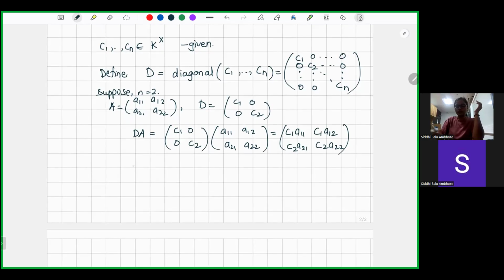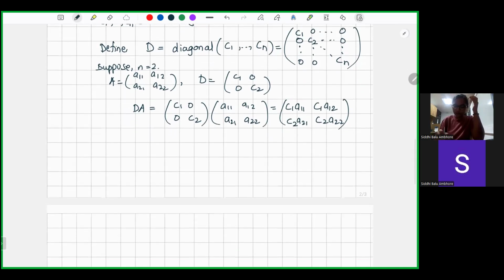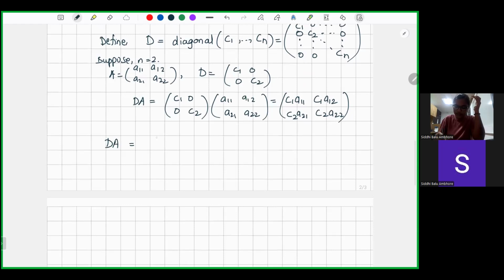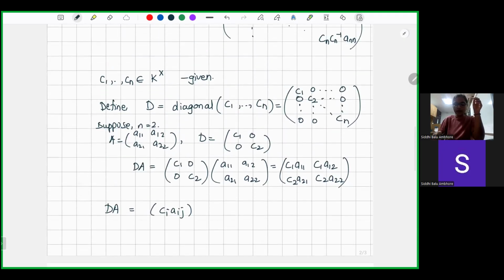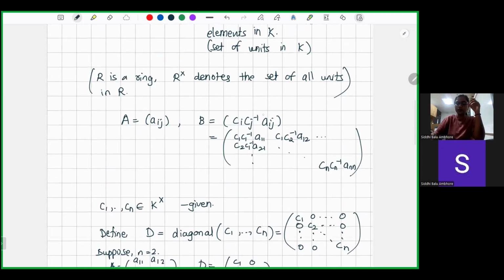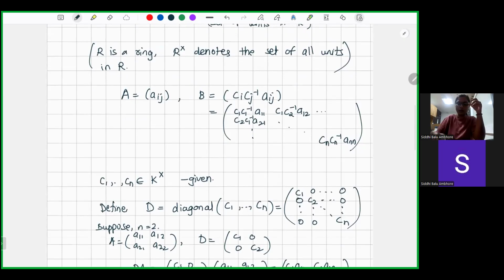So DA in general is this matrix with entries Ci Aij.